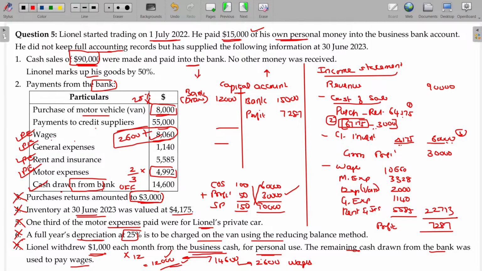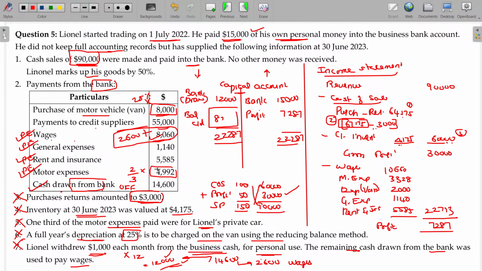If I tally, I will find the closing balance carried on: 15,000 plus this one, 22,287, and the balancing figure here is 8,000. Do we have any more drawings? Let me cross check.